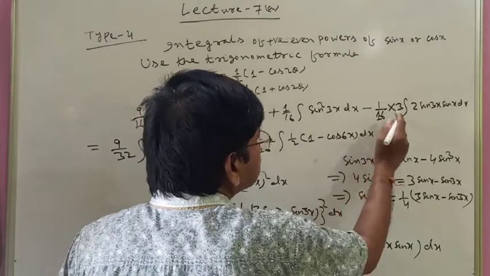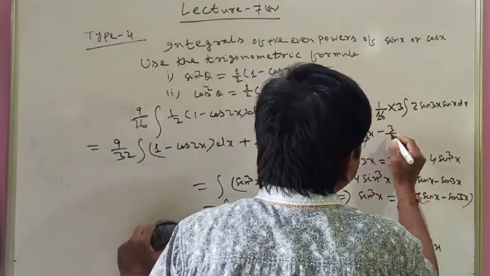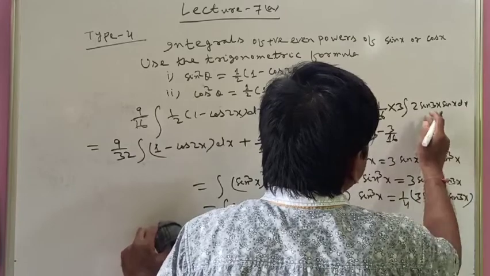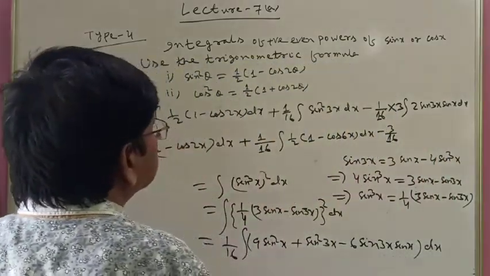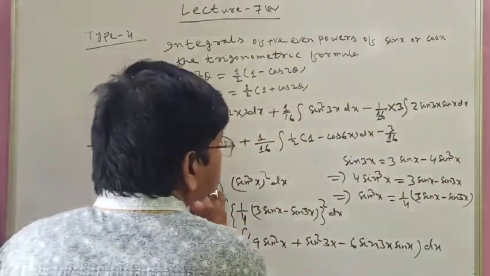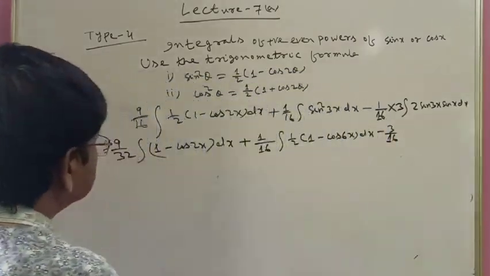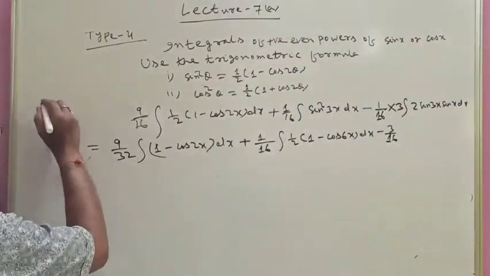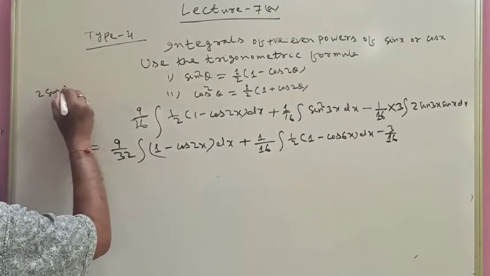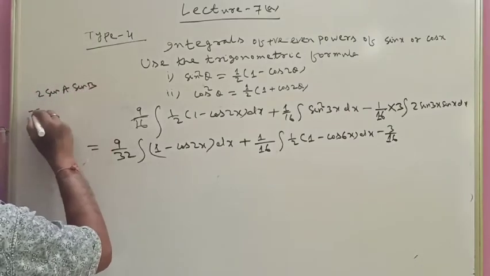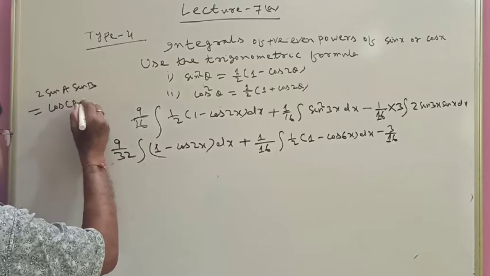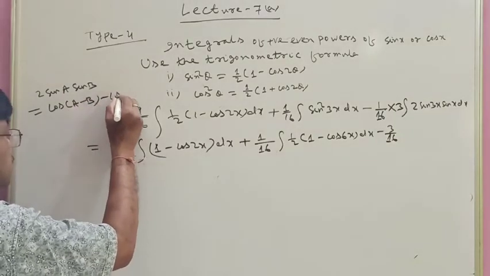And this becomes minus 3 by 16. So now this is 2 sin A into sin B, so that formula I will apply. What is 2 sin A into sin B? You know 2 sin A into sin B is cos A minus B minus cos A plus B.